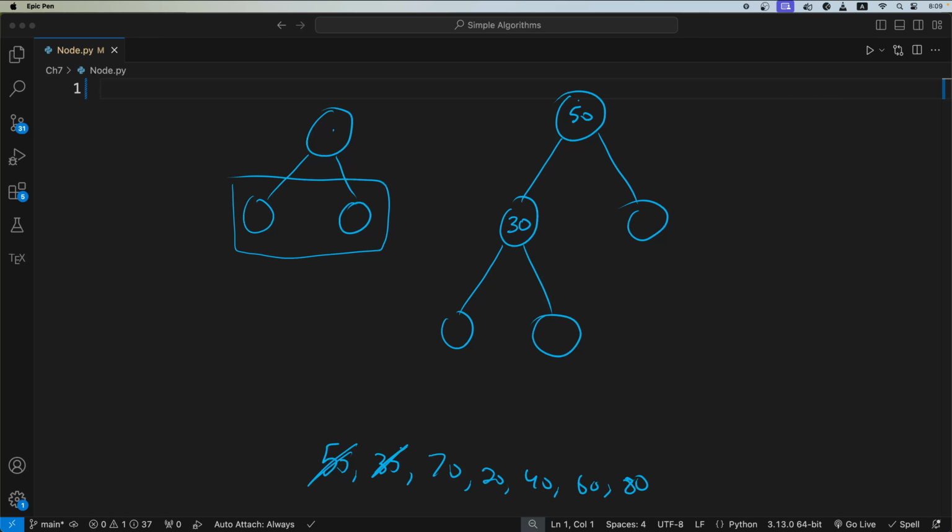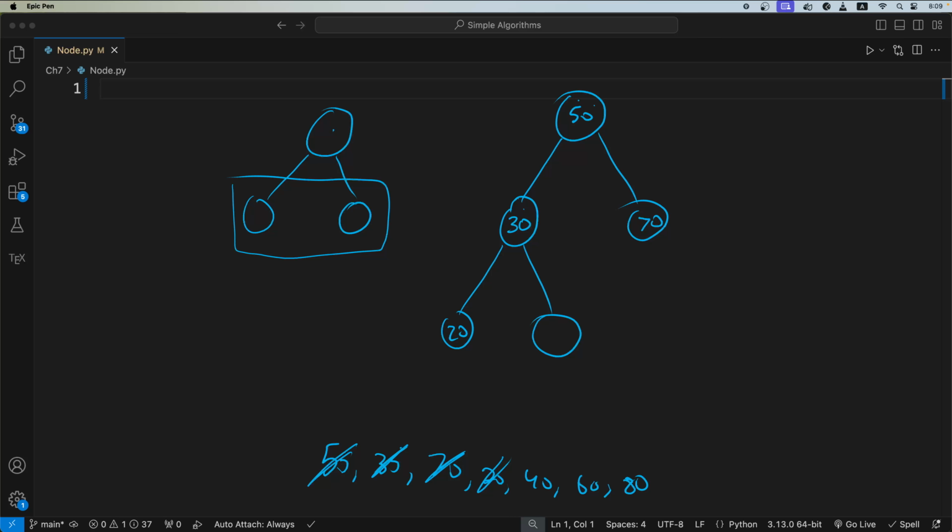Now 70 is the next value that we have. Where would 70 go for this? Well, I said everything to the right-hand side of a node is bigger than it. So since 70 is bigger than 50, it must go over to the right-hand side here, right? Now, what if we wanted to place 20 in? Well, 20 is smaller than 50, so we come down here and we say, well, is 20 smaller or bigger than 30? It's smaller than 30, so it must go to the left of it.